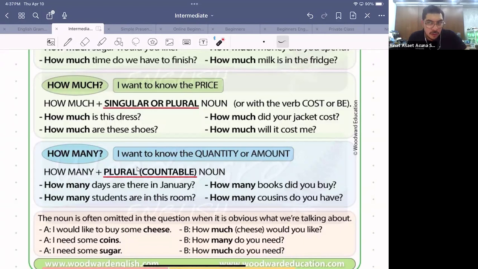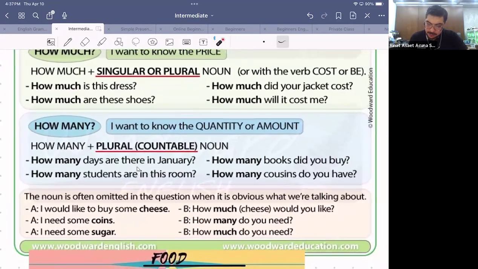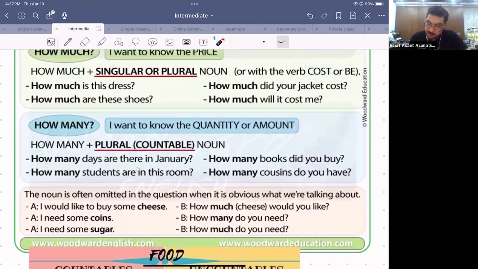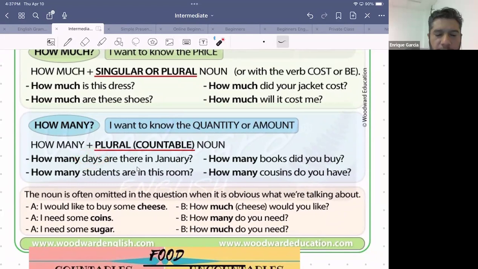Anything you can make plural is something you can count. So, for example, in this example, we have days. 1 day, 2 days, 3 months, years. Those are things that are countable.